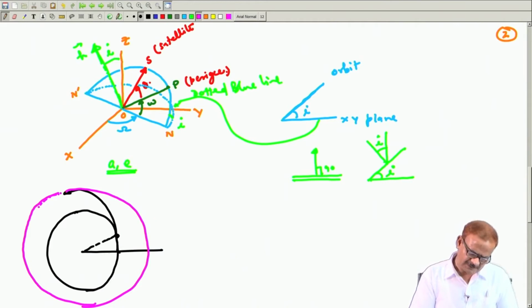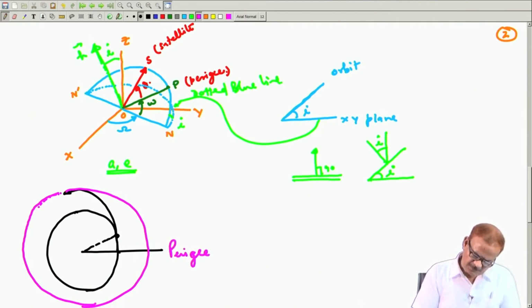So, let us say that the perigee line or the periapsis of this orbit lies here. That means we measure theta from this position as we have shown here. So, this is your perigee line. From the perigee line we are measuring this theta.